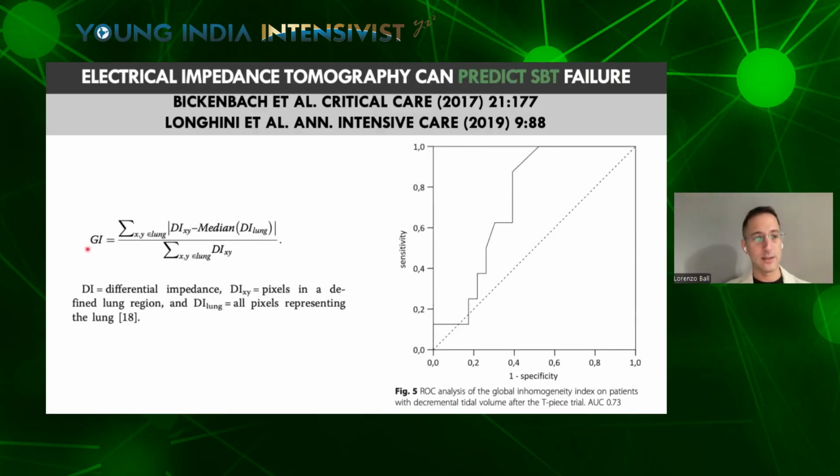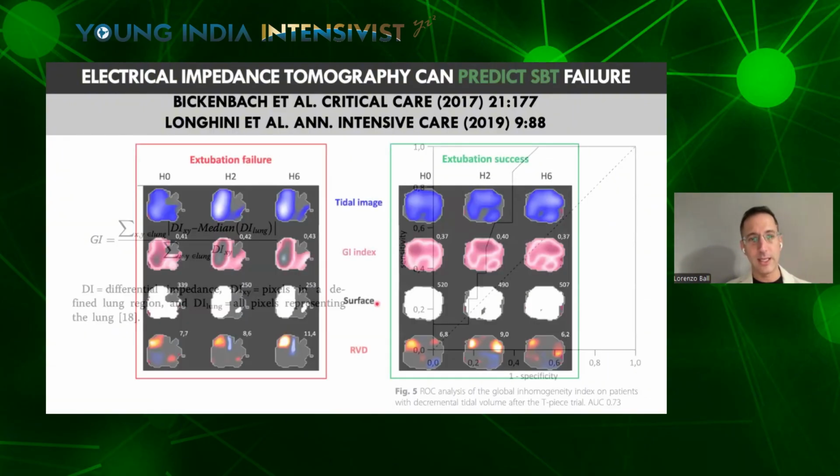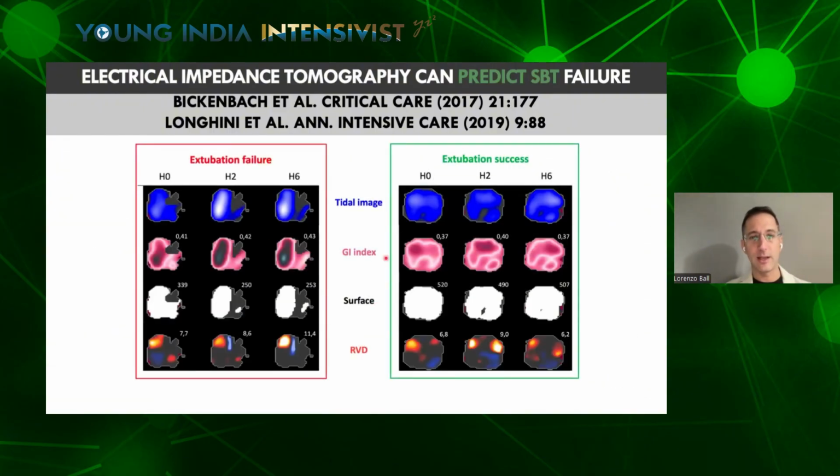This is the mathematical definition of the global inhomogeneity index that I mentioned before. And also that inhomogeneity of ventilation is associated with extubation success versus failure. You see, a patient with an extubation failure has a very heterogeneous distribution of both ventilation and aeration and perfusion.